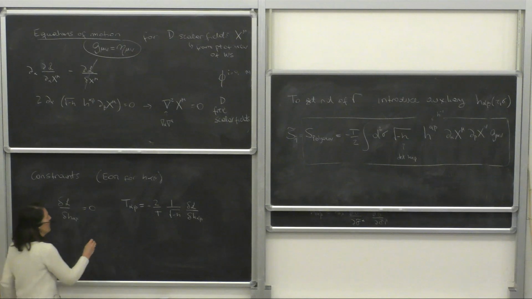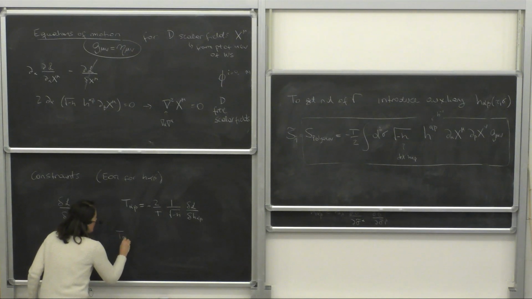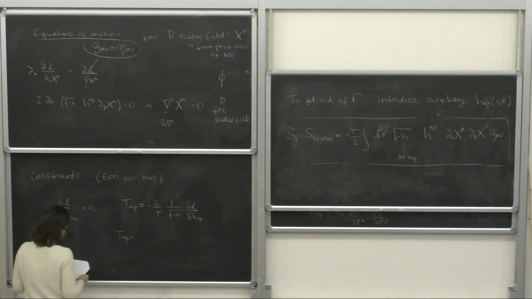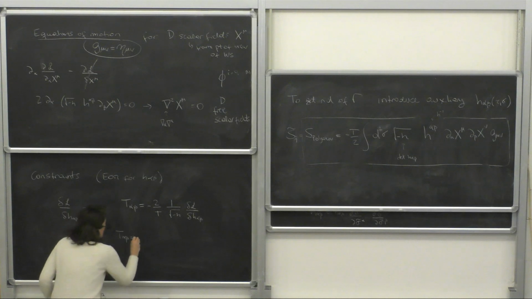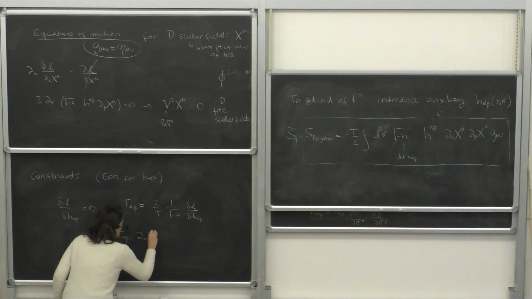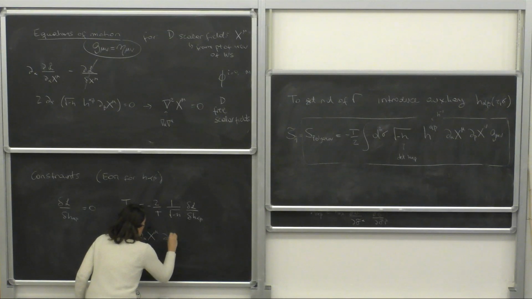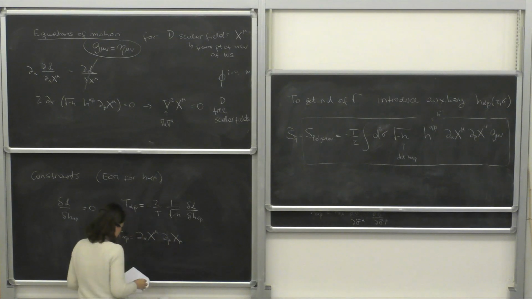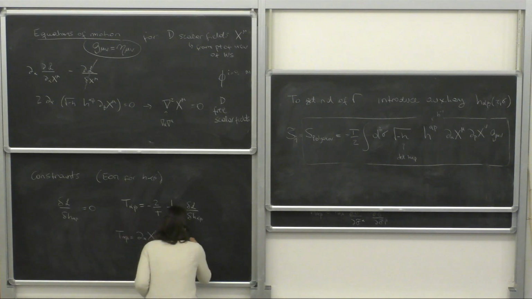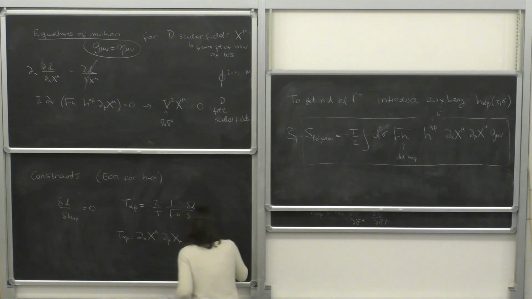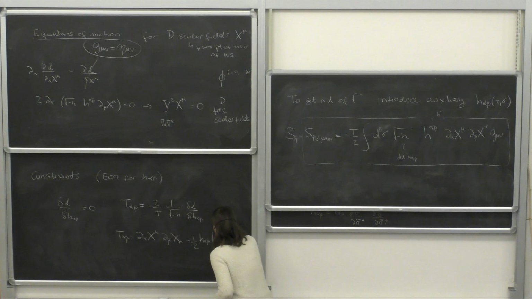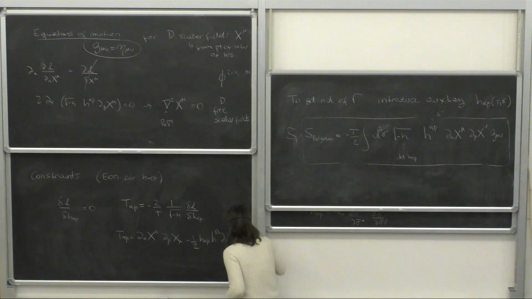If you do this calculation, what you get is that T alpha beta is the alpha x mu, the beta x mu, minus 1/2 of H alpha beta, H gamma lambda, d gamma x mu, d lambda x mu.